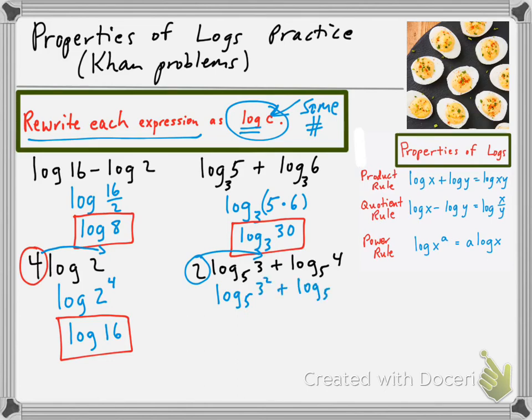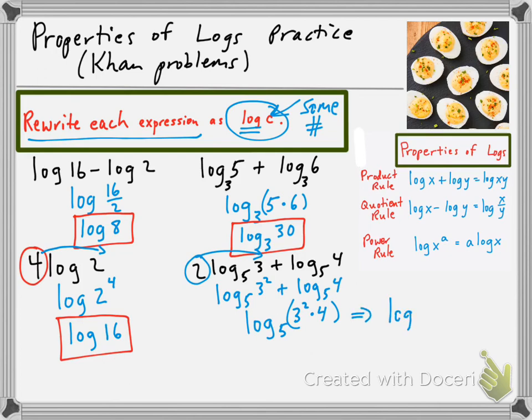And then in our next step, we're going to combine. We have the sum of the logs, and we're going to write that as the log of the product. So we have the log base 5 of 3 squared times 4. All I did was use the power rule first, and then I used the product rule. And then we can simplify this.